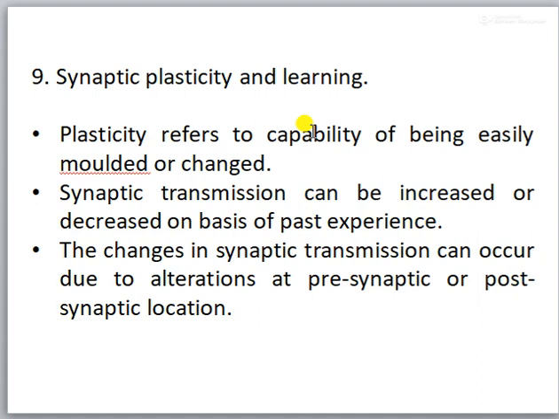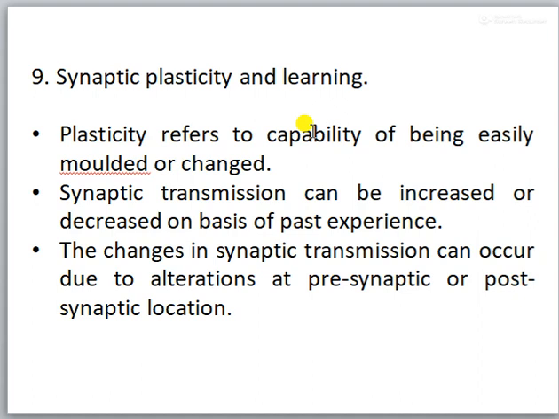The next property is synaptic plasticity and learning. This is the capability of being easily molded or changed. Synaptic transmission can be increased or decreased on the basis of past experience.